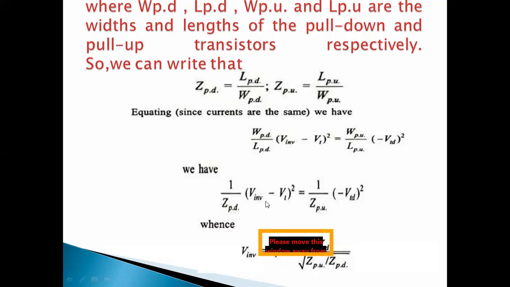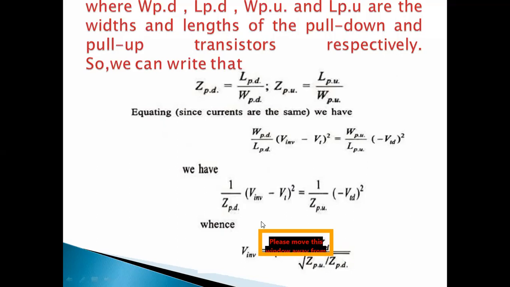That is, V inverse minus Vt equals square root of ZPD divided by ZPU into minus of VTD. I need V inverse, so take this Vt to the right-hand side.